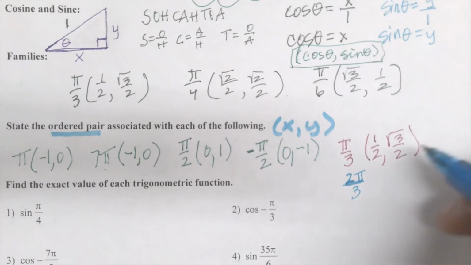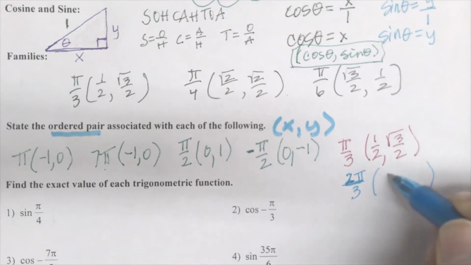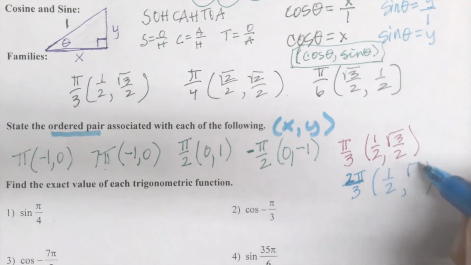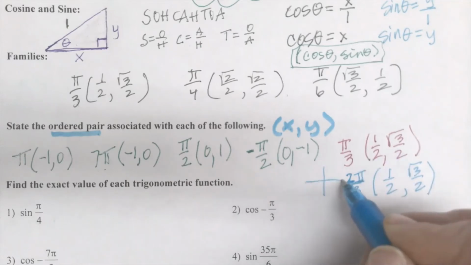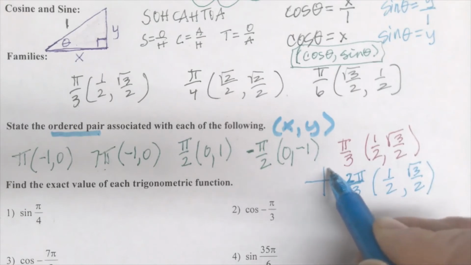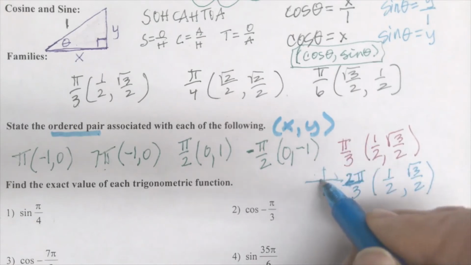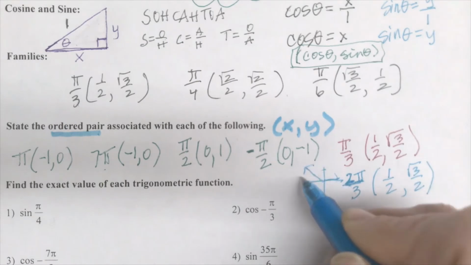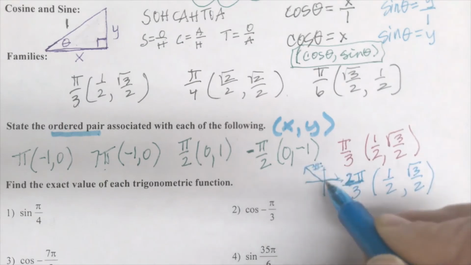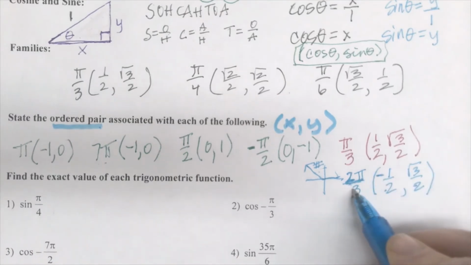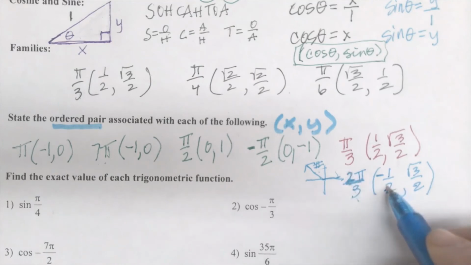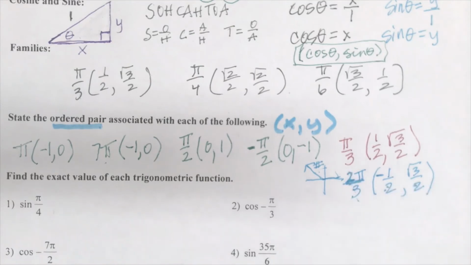So the pi over 3 family is associated with this point 1/2, square root of 3 over 2, but 2 pi over 3, if I draw that, is more than half pi, not quite a whole pi. That puts me in the second quadrant. Second quadrant is negative positive points. That means this is a negative positive value. So the ordered pair associated with 2 pi over 3 is negative 1/2, square root of 3 over 2.